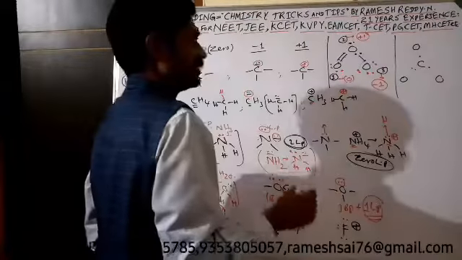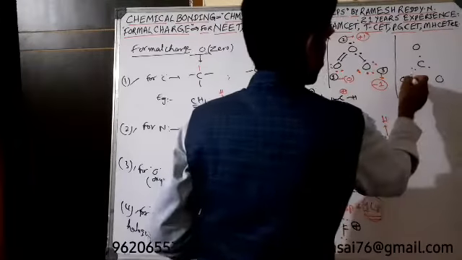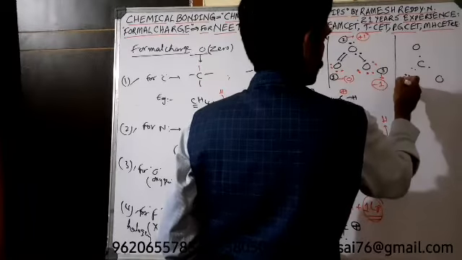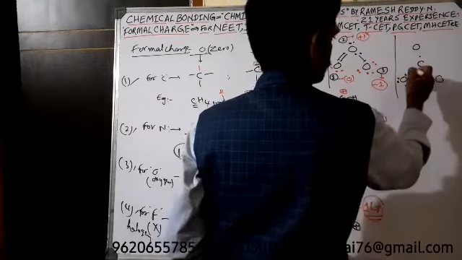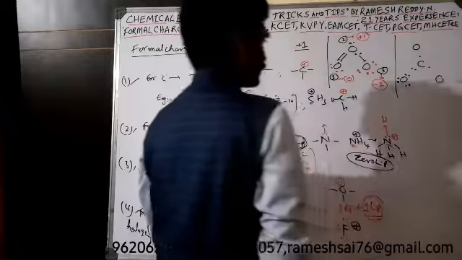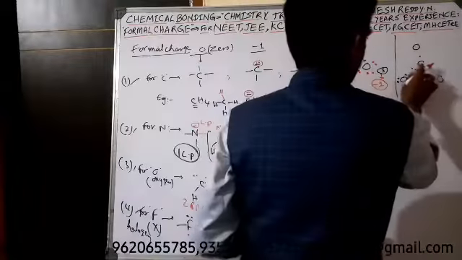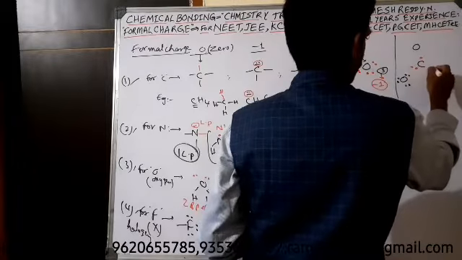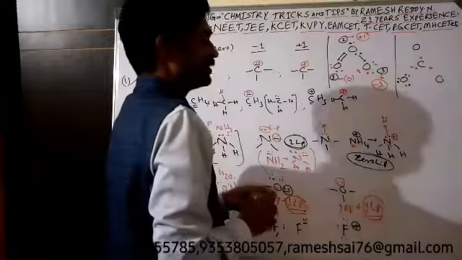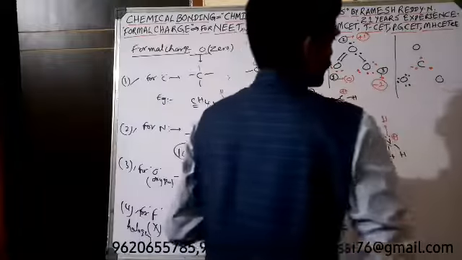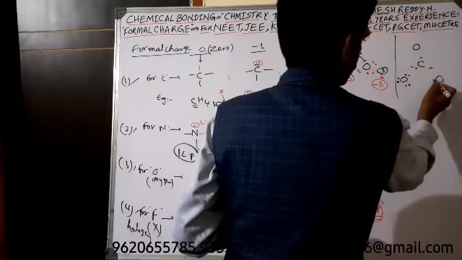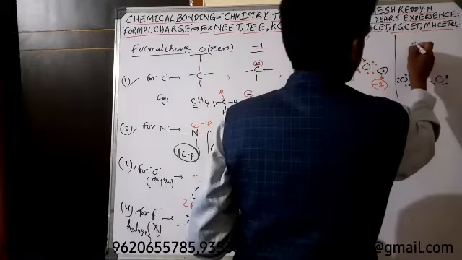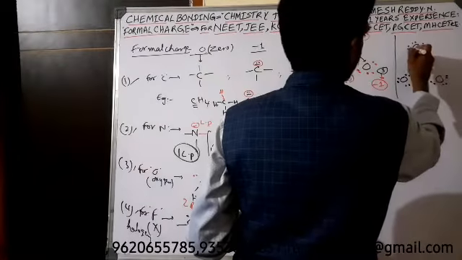Then oxygen has 6 valence electrons: 1, 2, 3, 4, 5, 6. Carbon has 4 valence electrons. Then this oxygen has 6, and this oxygen also has 6.